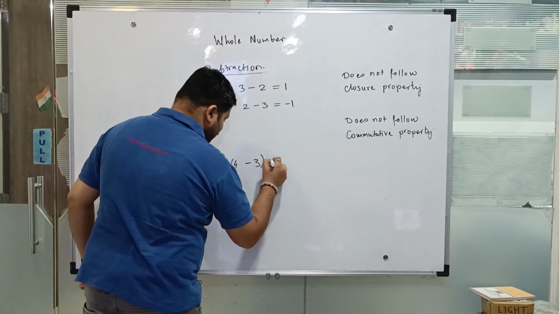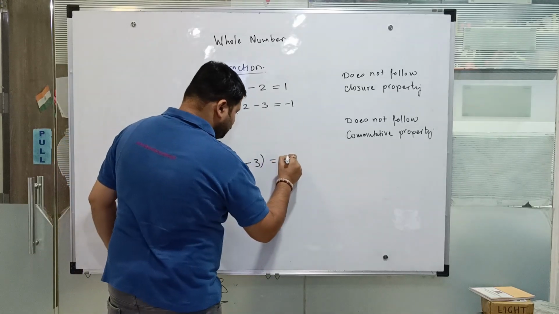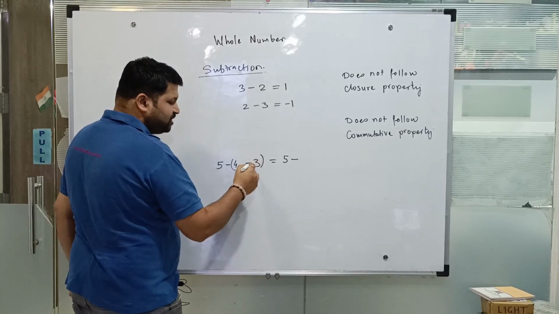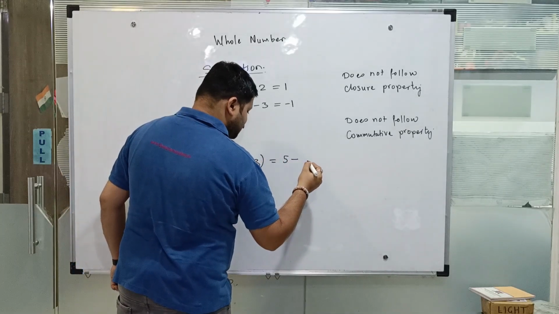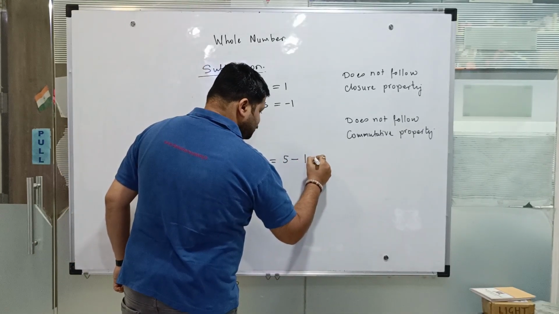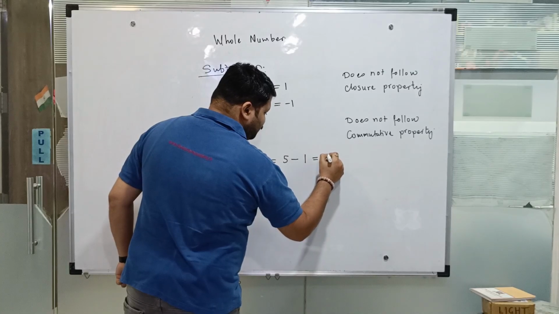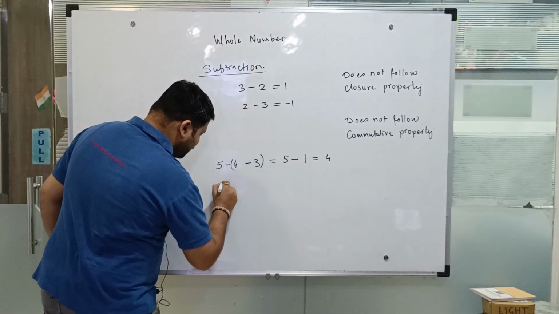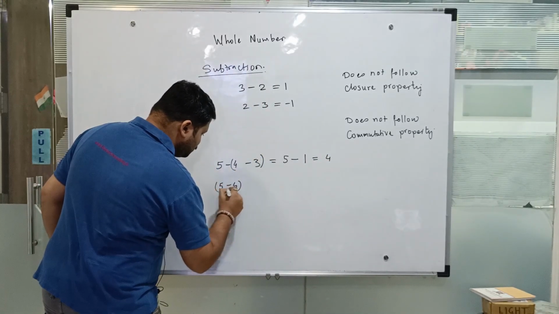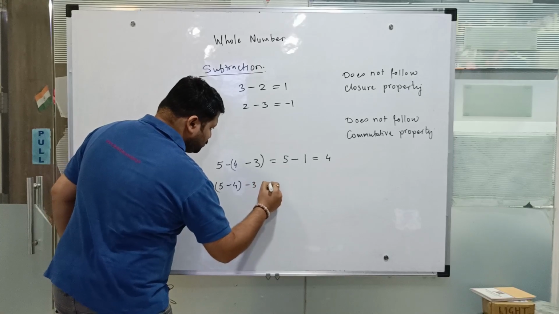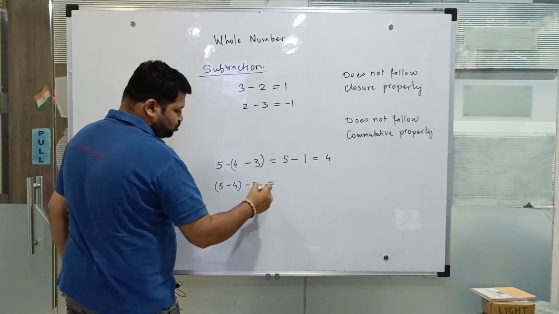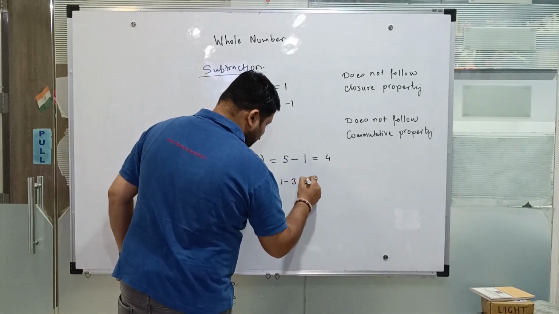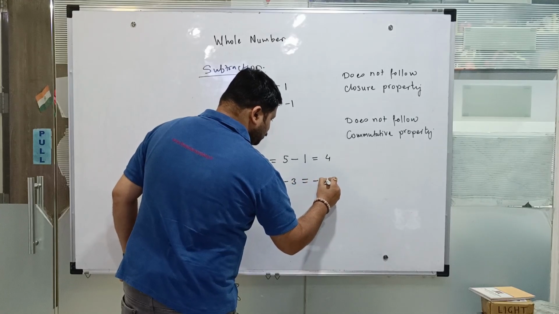First we do the subtraction between the first two: 4 minus 3 is 1, so 5 minus 1 gives me 4. Then I have 5 minus 4 minus 3: 5 minus 4 is 1, so it is 1 minus 3, that is minus 2.